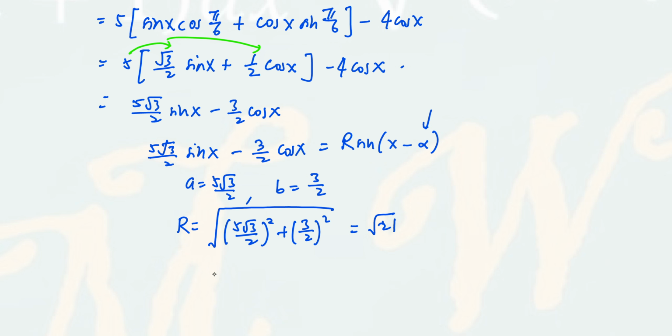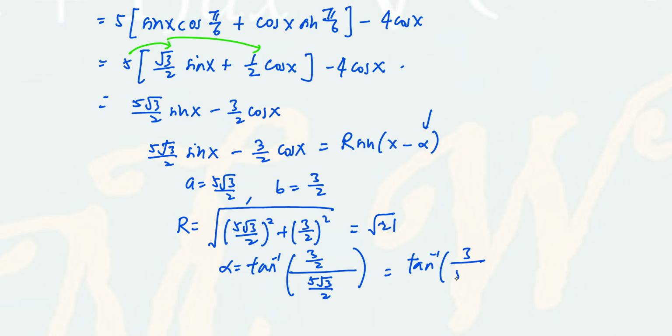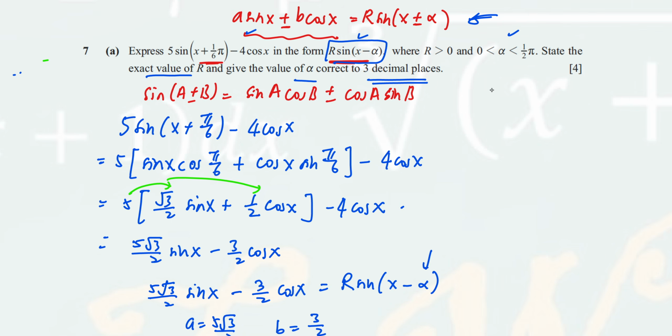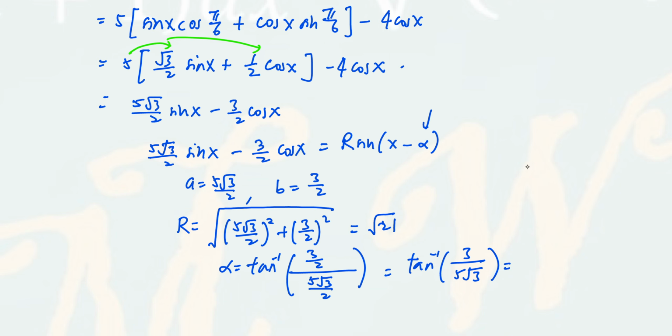And then the alpha here is basically arctangent B over A. So 3 over 2 divided by 5 root 3 over 2, which is arctangent 3 over 5 root 3. We need 3 decimal places, and your angle is in radians. So here it is going to be 0.333.